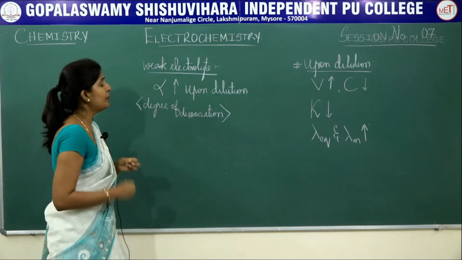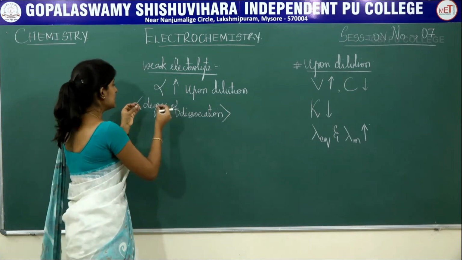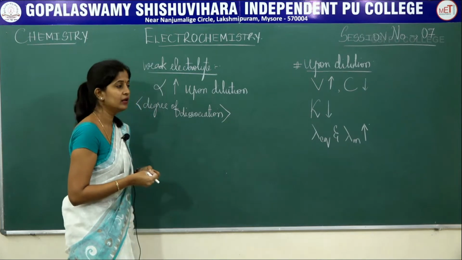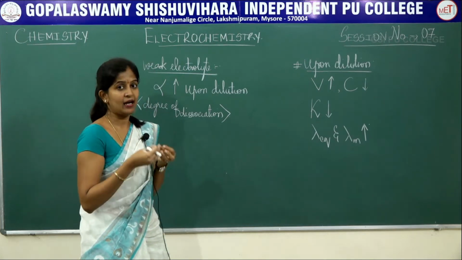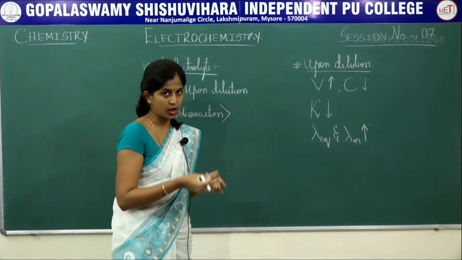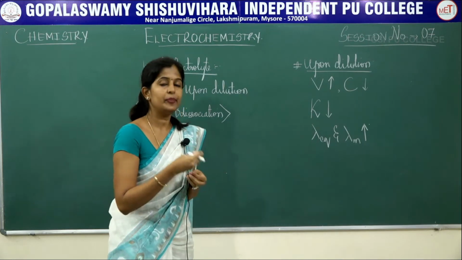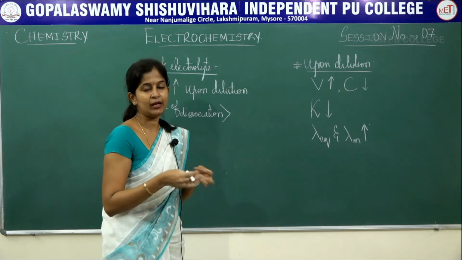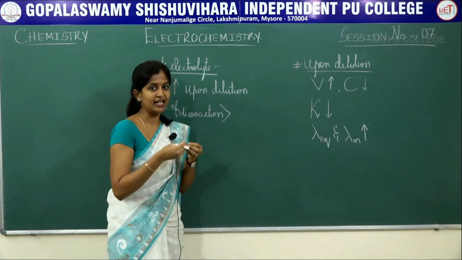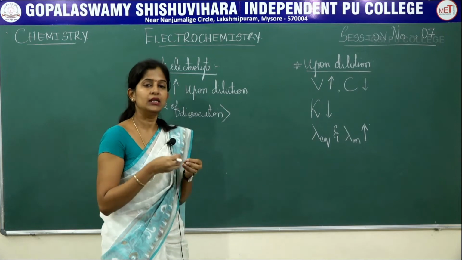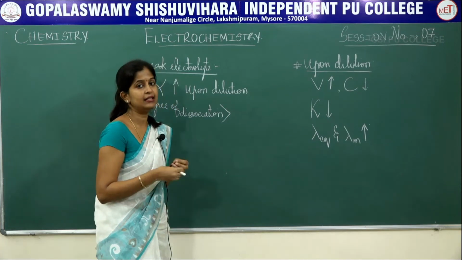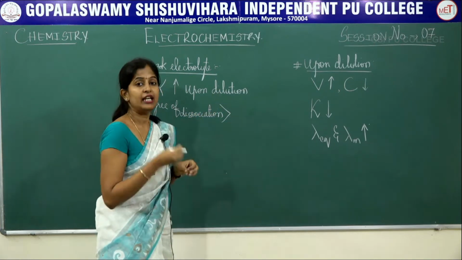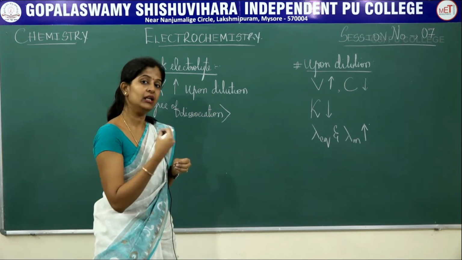Which means that upon diluting more and more, the dissociation of your weak electrolyte increases. Say 10 molecules were dissociated initially; upon adding more and more water, 70 to 80 molecules get dissociated, which means that the dissociation is more. As a result, the number of ions also increases. As a result, upon dilution, the weak electrolyte's conductivity increases.